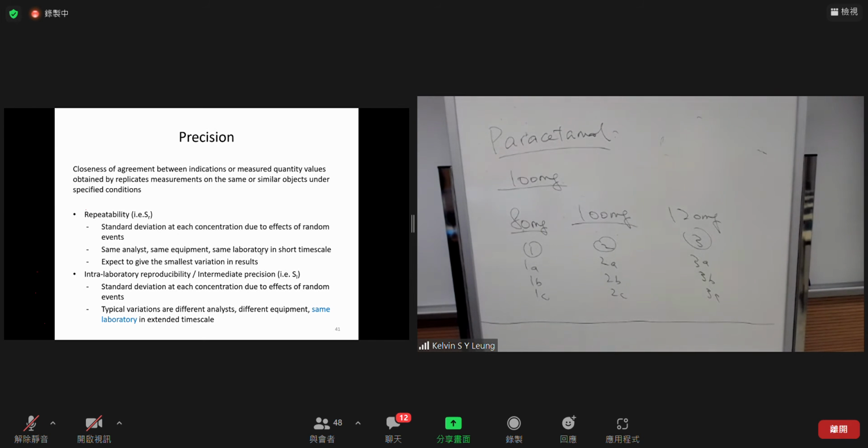For the reproducibility, maybe you will ask another analyst in your laboratory to perform. If you have two pieces of HPLC, maybe you ask him or her to use another piece of instrument. I'm not saying to use UV instead, no. If you use HPLC as the instrument, then you also need to use HPLC, not the same piece, in this precision study as well.